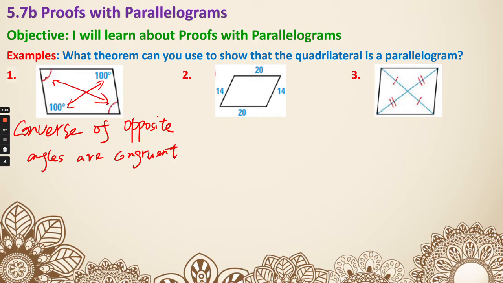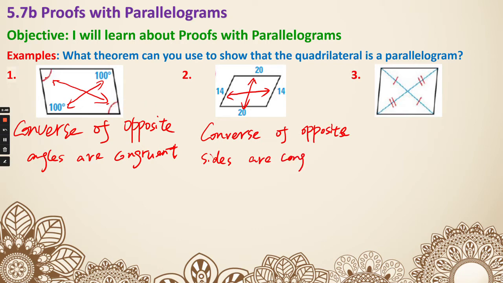The next, number two. As you can see, it's not opposite angles, it's actually right here. The converse of opposite sides are congruent. That's number two. And number three, we can see it's being bisected right here.